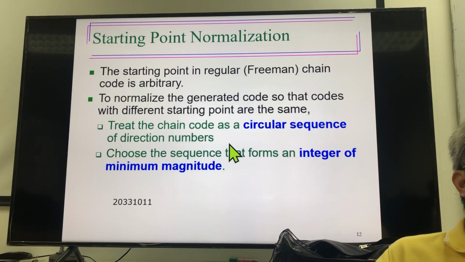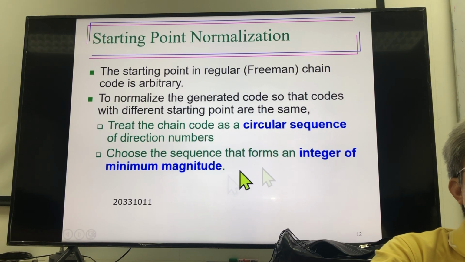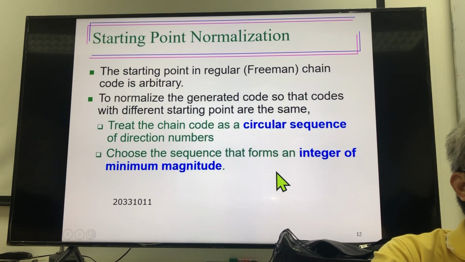If the chain code is rotated, it should end up with the same chain code. We will treat the chain code as a circular sequence of the direction numbers, and then we choose the sequence that gives us the integer of minimum magnitude.